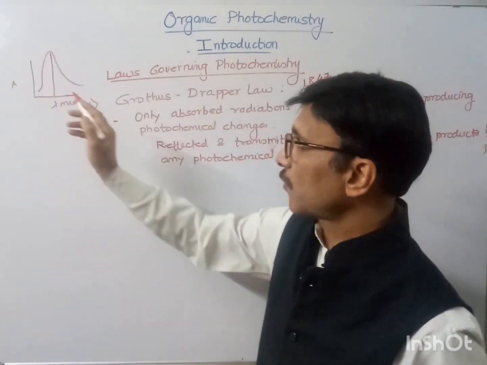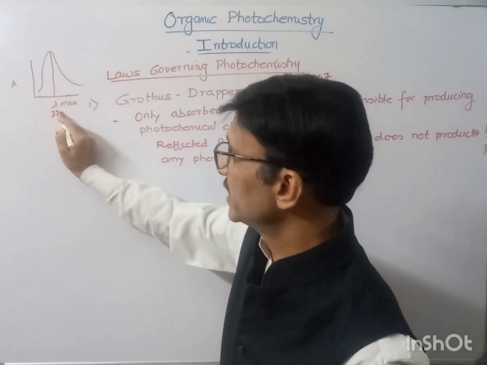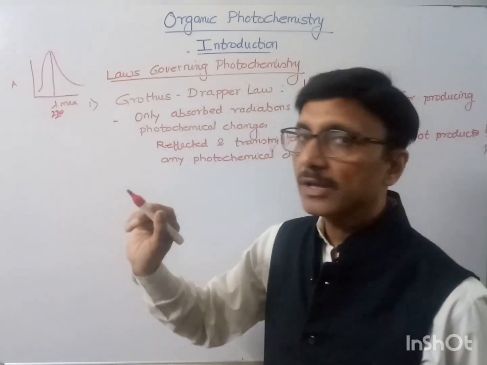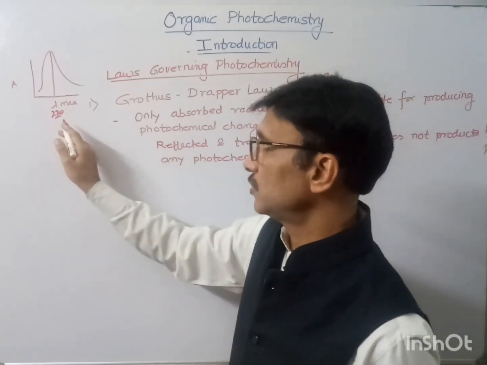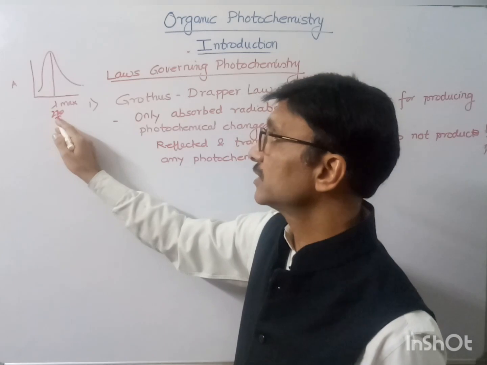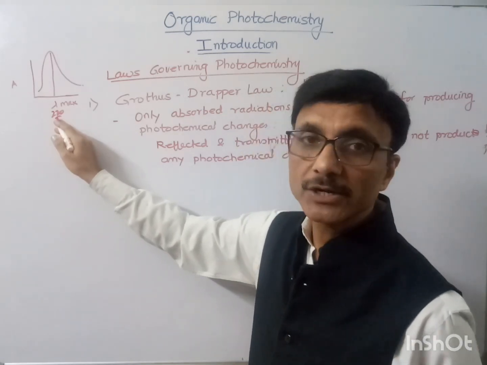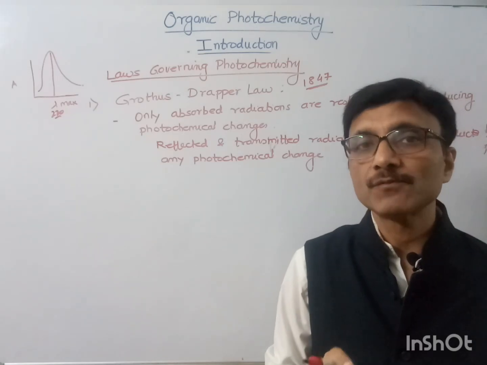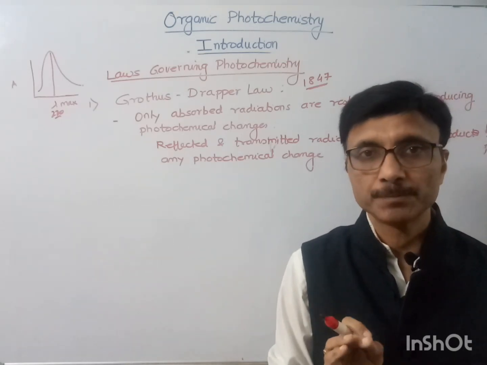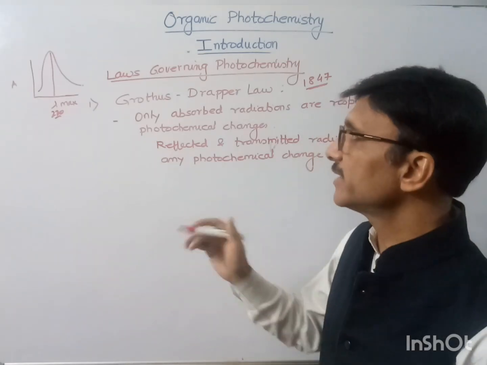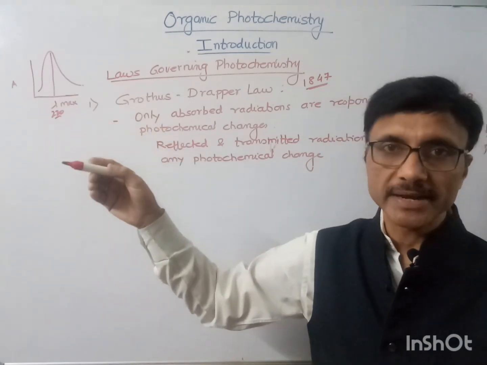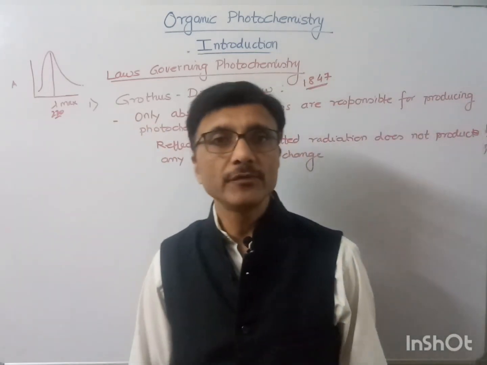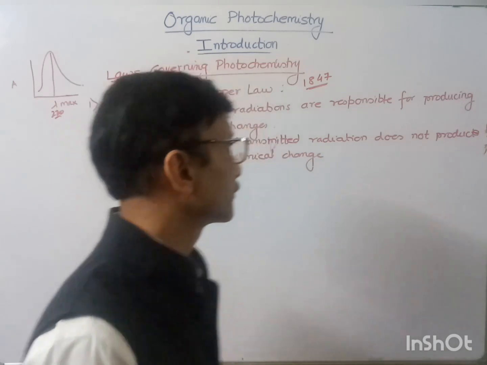Suppose this is 220 nanometer. If we irradiate that molecule with light of wavelength 220 nanometer, then we must see some photochemical change. So we can determine the absorbed light by the UV visible spectrophotometer.